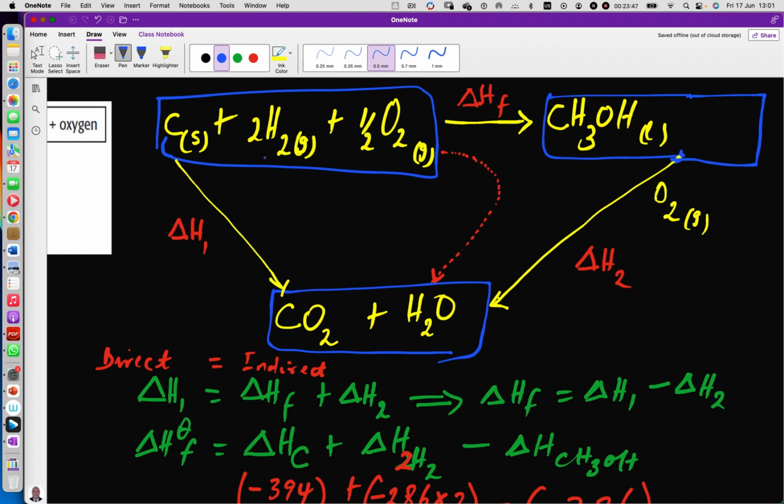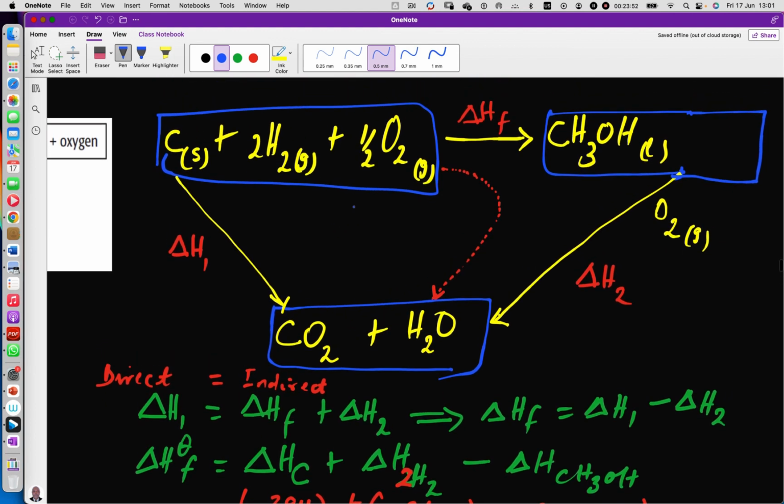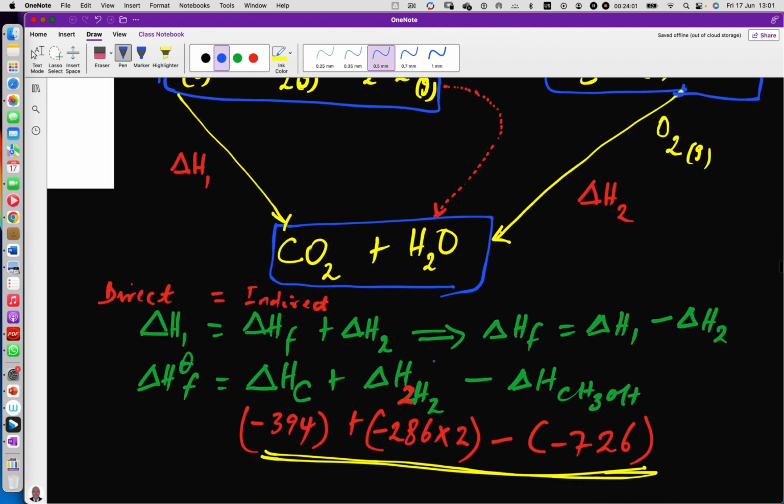Now, the value for enthalpy 2 will be the enthalpy of combustion for methanol. Let's substitute our values and see.